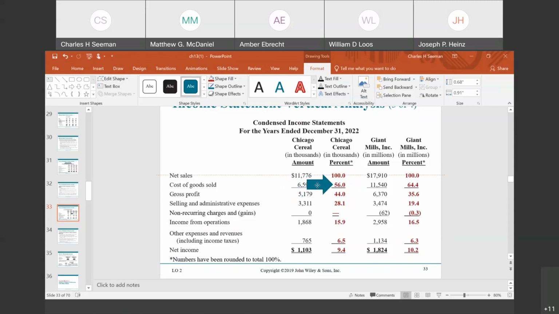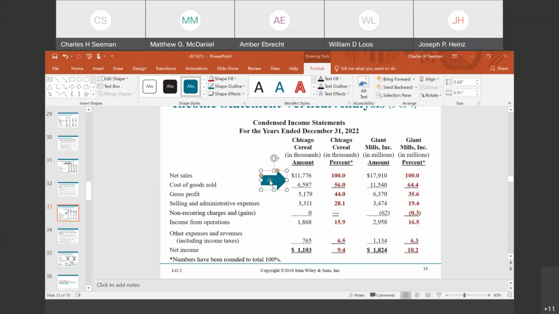Every dollar worth of revenue, it costs them 56 cents to generate. For Giant Mills, it costs 64 cents for every dollar of revenue. So you're comparing apples to apples. You're comparing the cost of generating revenue in this case. And that's what we mean by common size. We're making both of them the same.